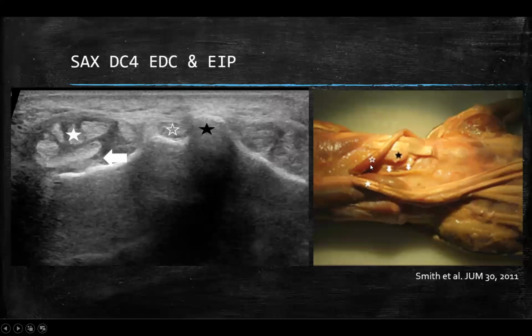I like this dissection here because it pulls EPL out to the radial side, extensor digitorum out to the ulnar side, and you can see again the posterior interosseous nerve passing right down the middle of the wrist. This is important to recognize if you're going to be injecting the radiocarpal joint or the midcarpal joint. You want to be sure not to pass the needle through the posterior interosseous nerve.